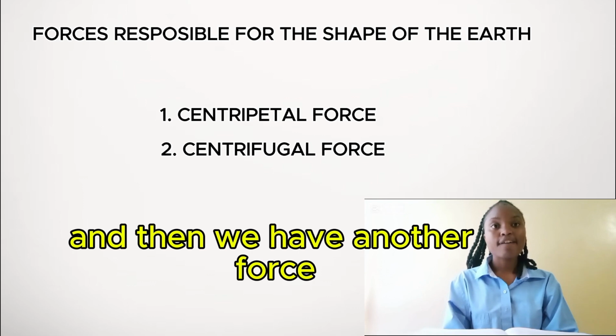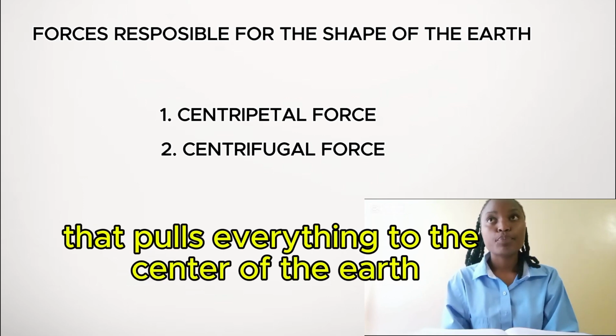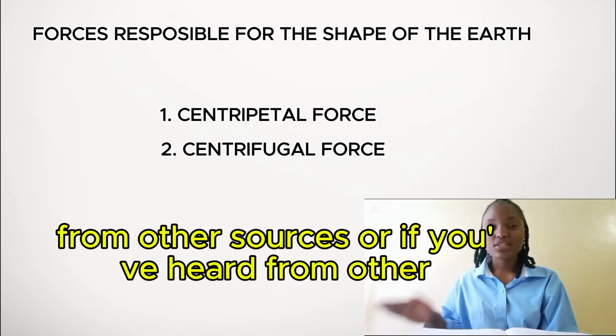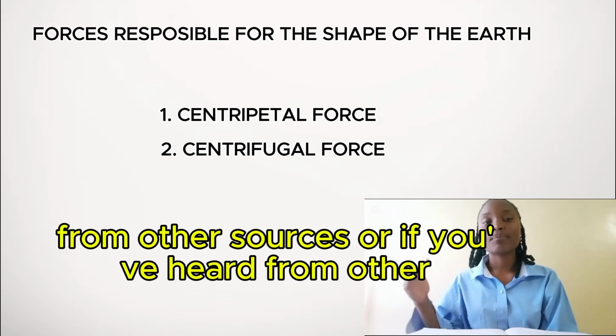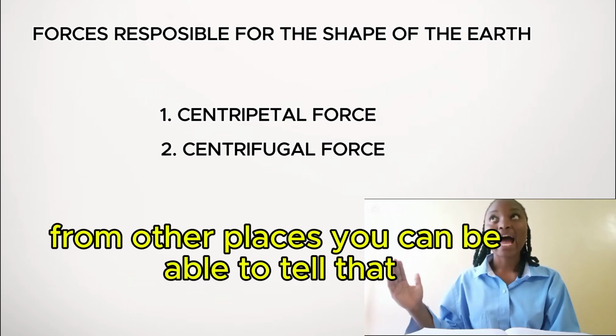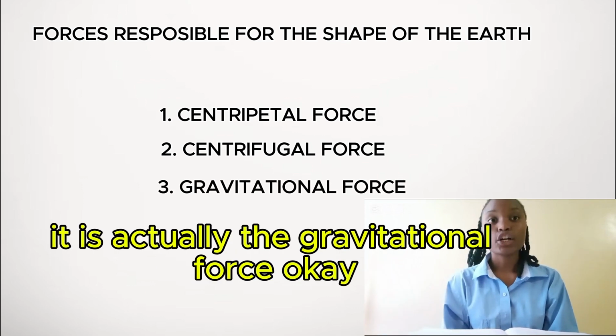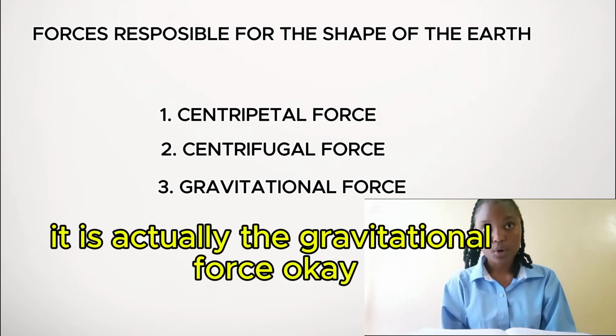And then we have another force that pulls everything to the center of the earth. What is the name of this force? From other sources, or if you've heard from other places, you can be able to tell that it is actually the gravitational force.